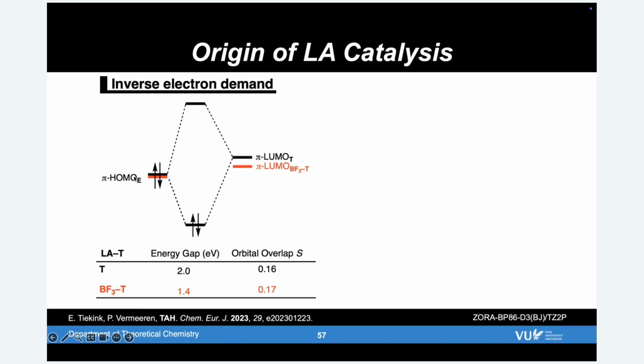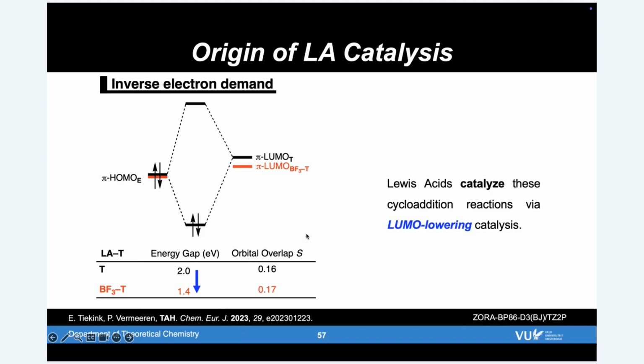So this is really purely an inverse electron demand cycloaddition. And here you have the energy gap. So the uncatalyzed reaction has an energy gap of 2 eV. Here you have quite a strong overlap. And the catalyzed reaction really benefits from a smaller energy gap here, 1.4 eV versus 2, and it actually benefits from a slightly better orbital overlap here.